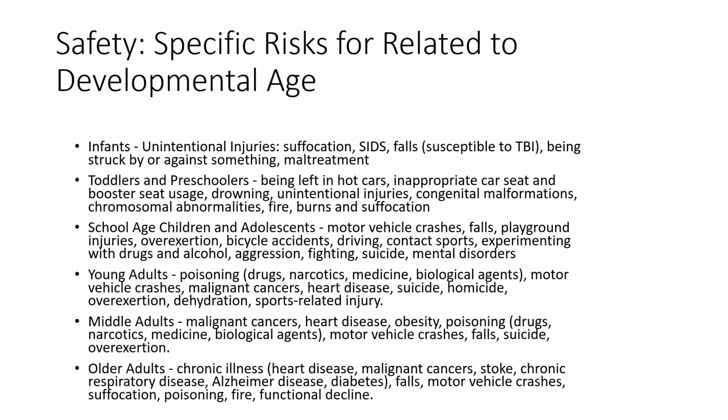Chromosomal abnormalities, we're going to see more with the population that has Downs and those other chromosomal abnormalities. They're definitely going to have a higher risk of age-related development problems. Fires, burns, and suffocations.